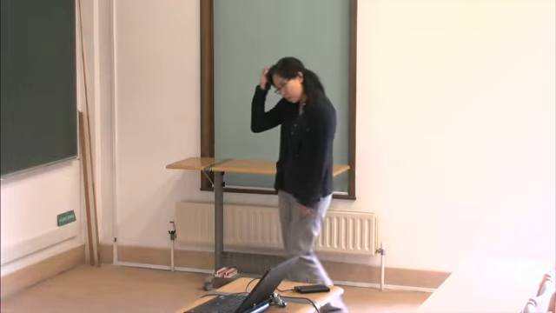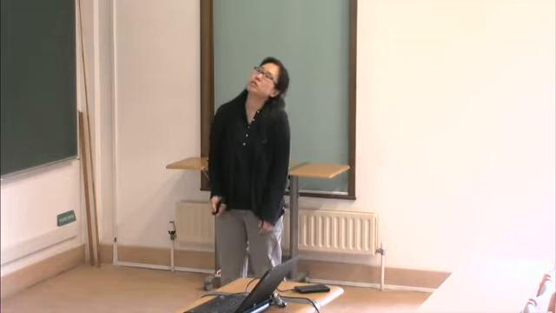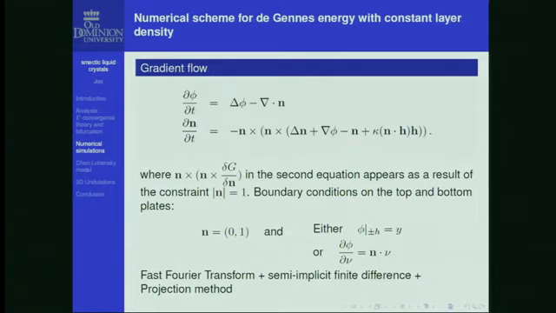So for now, I'm going to talk about the numerical simulation. This is the simpler case first, the constant layer density case. In that, we have this gradient flow of the free energy. We have this term that is just an alternative expression of the model with this Lagrange multiplier.